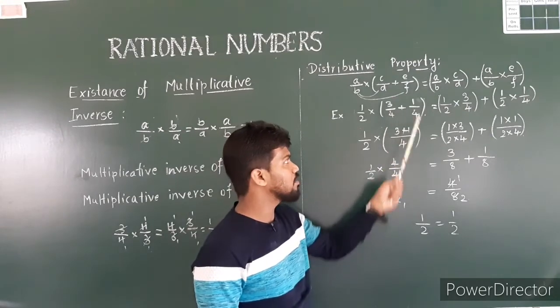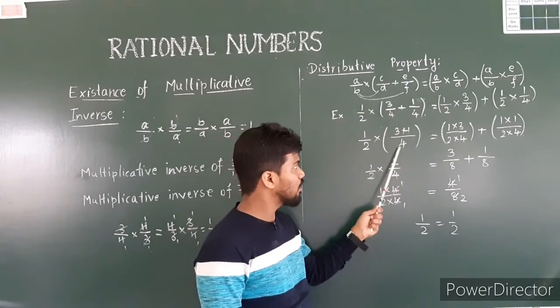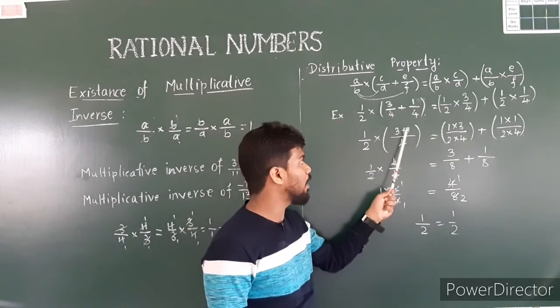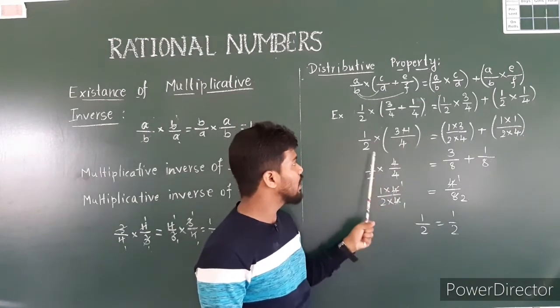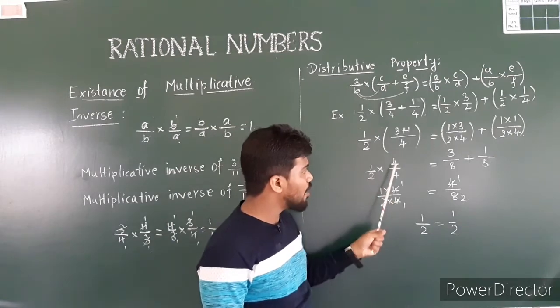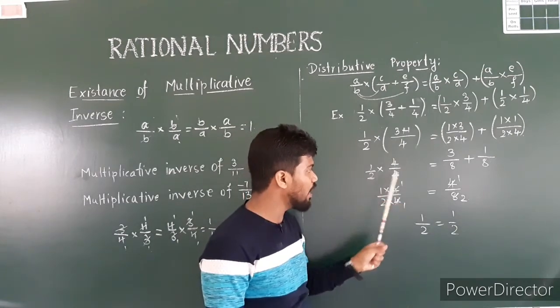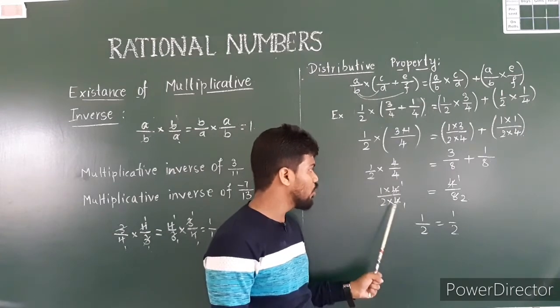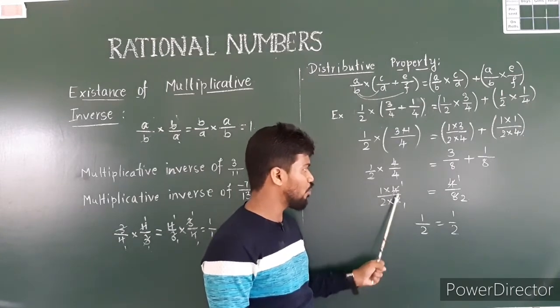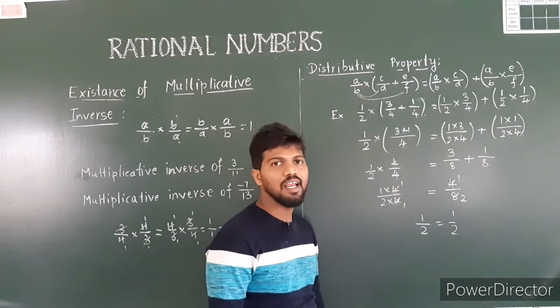With common denominator 4, 3 plus 1 gives 4/4. So it is 1/2 into 4/4. Multiplying 1 into 4 and 2 into 4, 4 ones are 4, 4 twos are 8, so the remaining is 1/2.